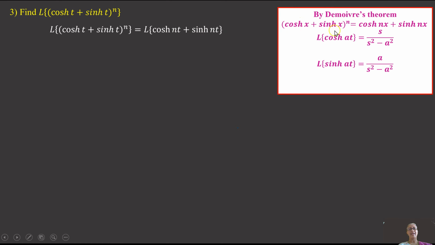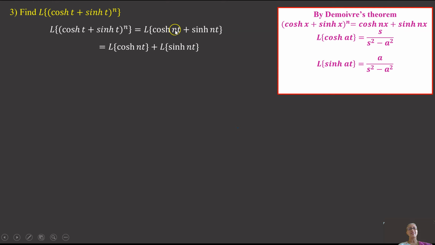(Cosh x plus sinh x) raised to n gives cosh nx plus sinh nx. If we apply this here, you get (cosh t plus sinh t) raised to n equal to cosh nt plus sinh nt. Now you can apply Laplace transform to cosh nt and sinh nt separately.